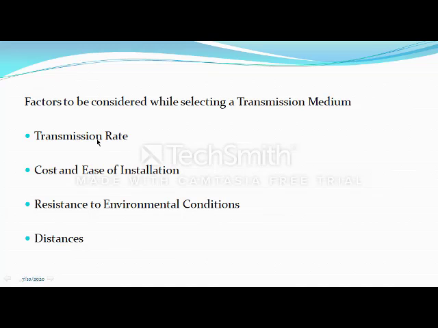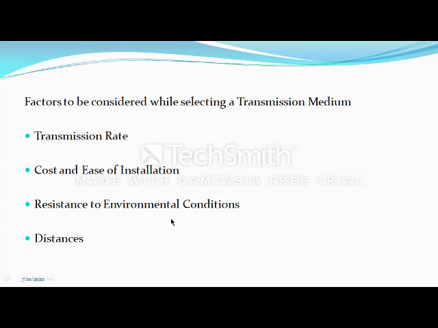Transmission rate means 10 Mbps, 100 Mbps, 1000 Mbps. What is the rate? Bits per second. Cost and ease of installation: we must consider the cost and whether it is easy to install or not.